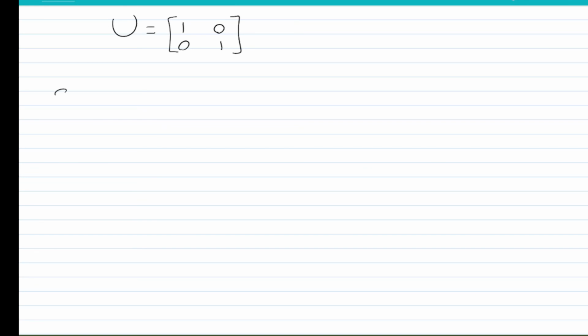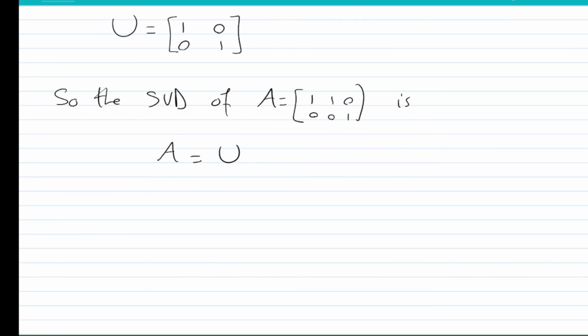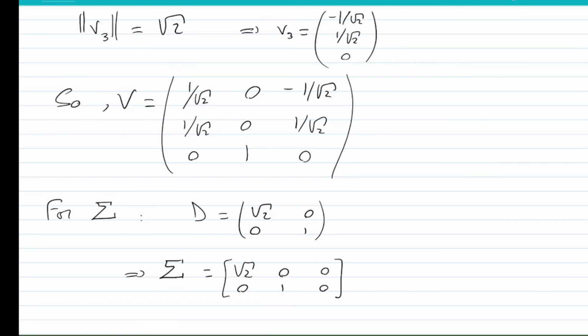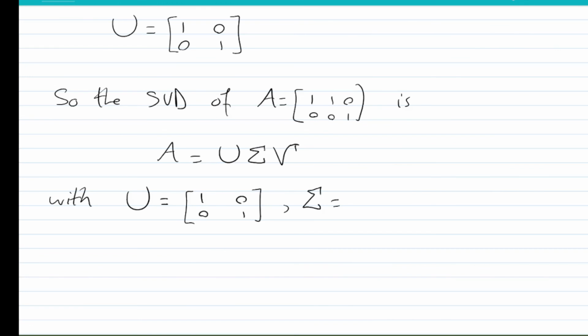So the singular value decomposition of A equal to 1, 1, 0, 0, 0, 1 is A equal U sigma V transpose with U equal to 1, 0, 0, 1, and that is indeed an orthogonal matrix. Sigma equal to square root 2, 0, 0, 0, 1, 0.